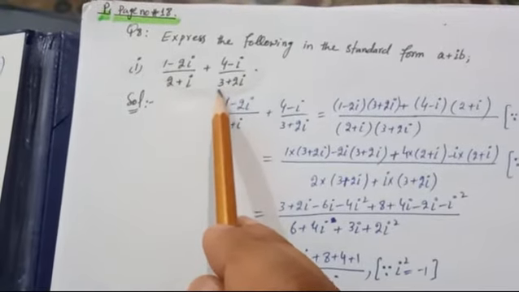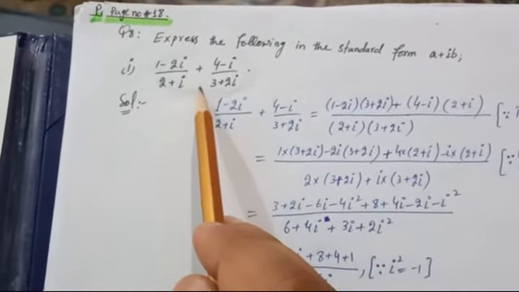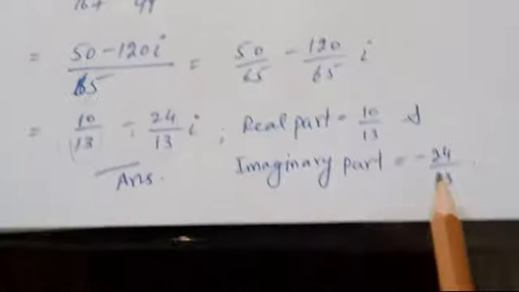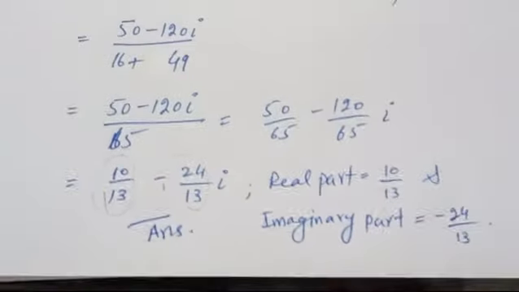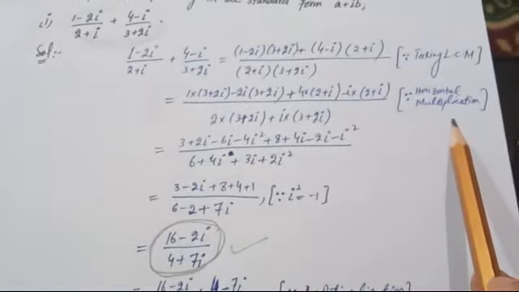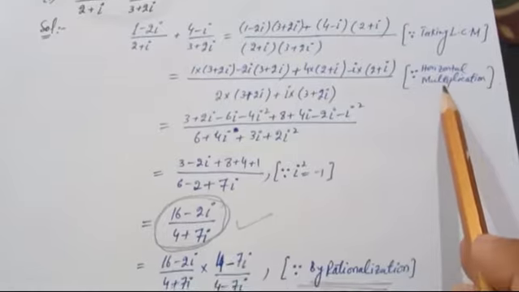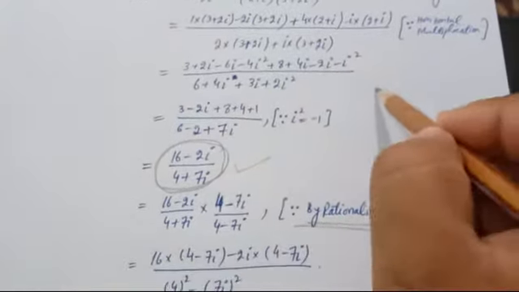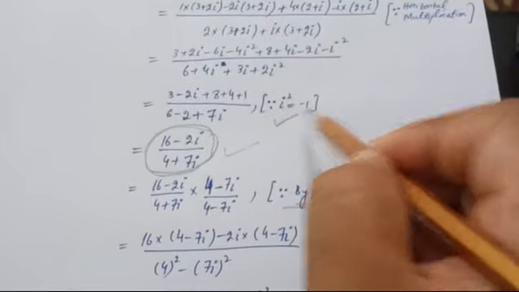So when you perform different operations and simplify this expression, you get a single complex number, in which the real part is this and this is the imaginary part. So in that question you see that we are using the LCM, then performing the horizontal multiplication, which you already know. Then you are using the fact that iota square is equal to -1.